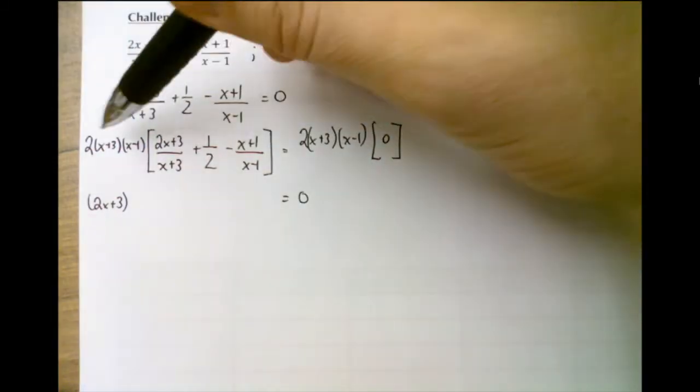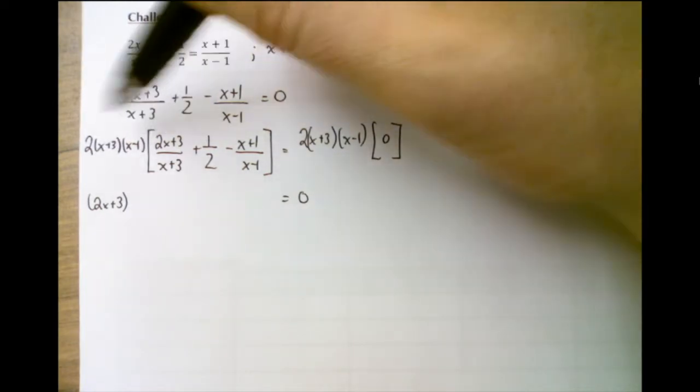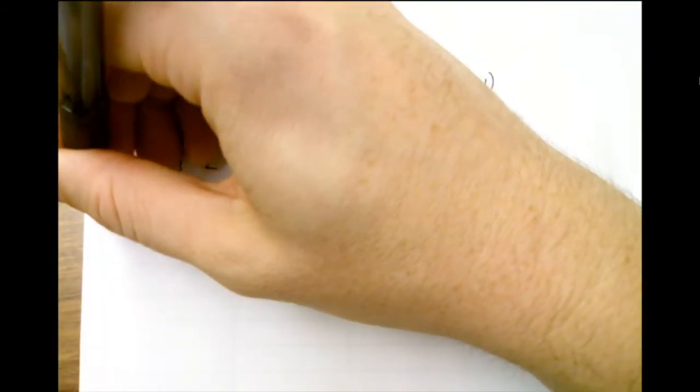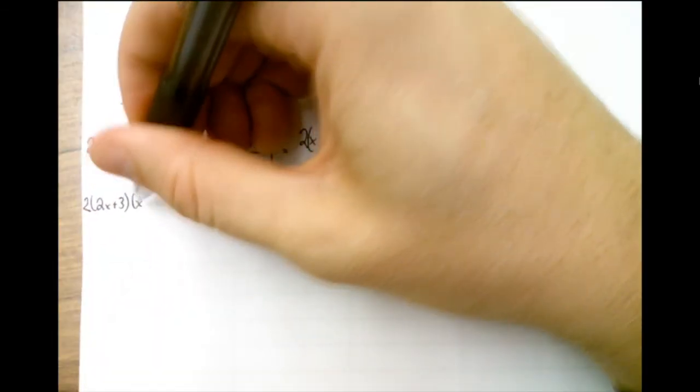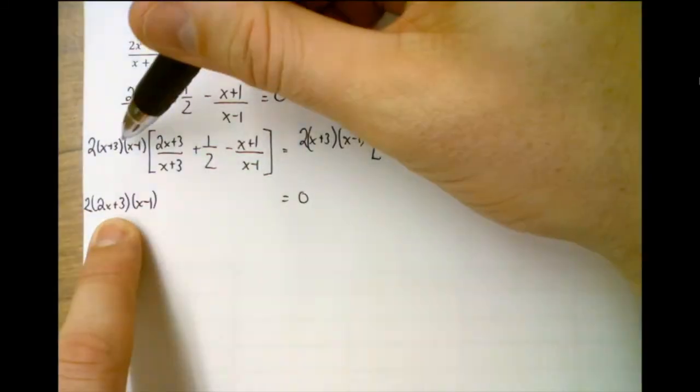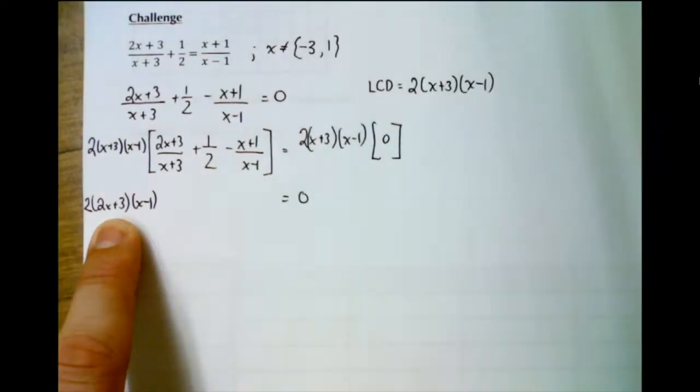So that's 2 and x minus 1, since the x plus 3 divided away. So I'm going to put the 2 at the beginning, and our x minus 1 will follow. So this is the product of multiplying our lowest common denominator by our first term.